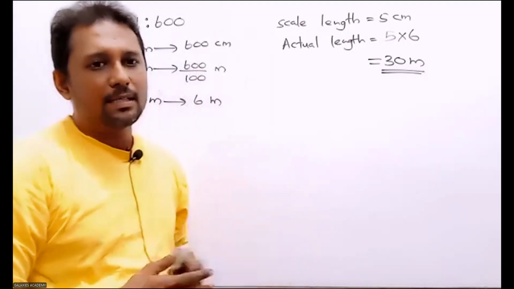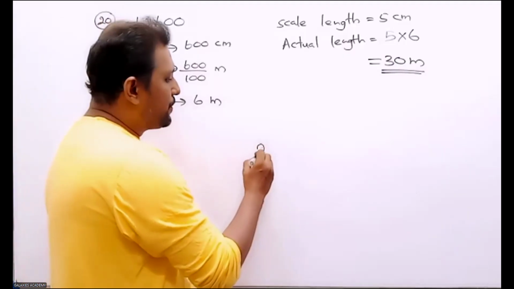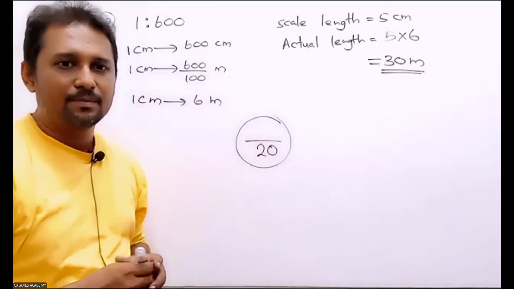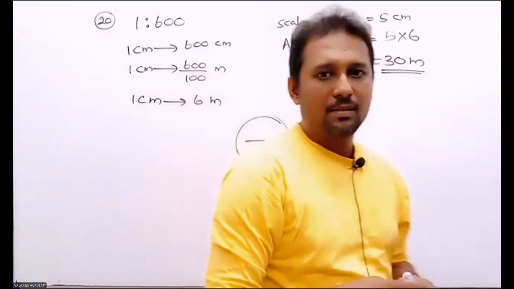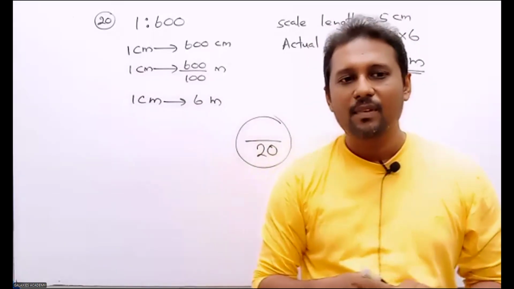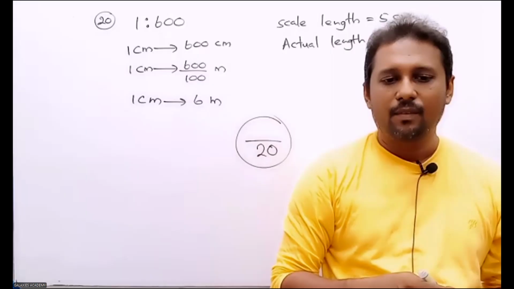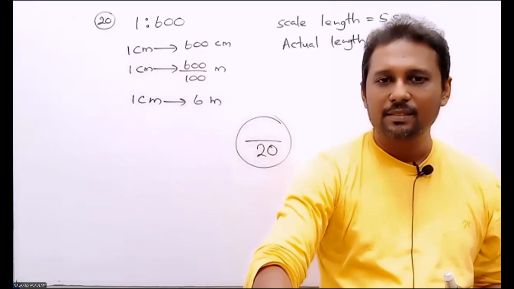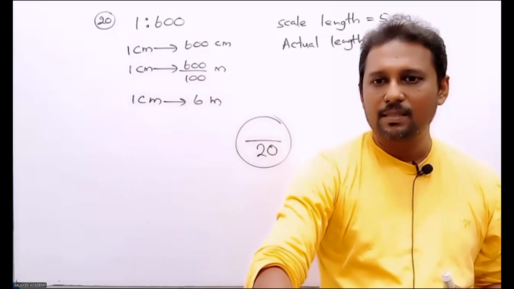Now I have already discussed 20 questions, no? Out of 20, how many questions are correct? 16 out of 20. Okay, quickly send into the chat your number of correct answers.